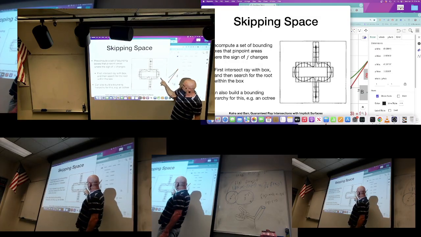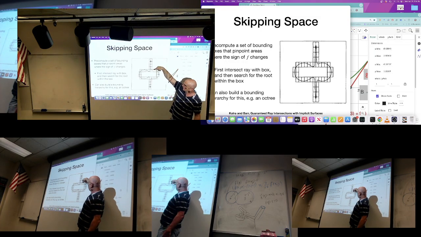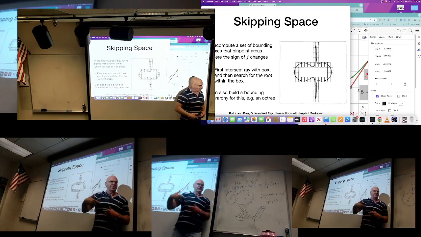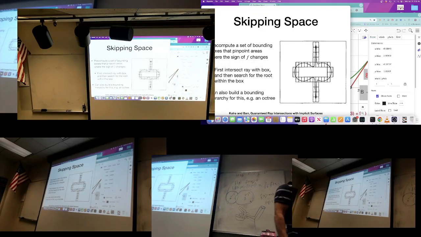And now when I shoot a ray, I first ask what is the first grid cell that my ray hits. And now I can ask the shape just near where the ray hits. Does the ray actually hit the shape inside this grid cell? Yes or no, or you continue with the ray to the next grid cell, and the next. Maybe you walk between multiple grid cells. But every grid cell knows locally what happened with the shape.